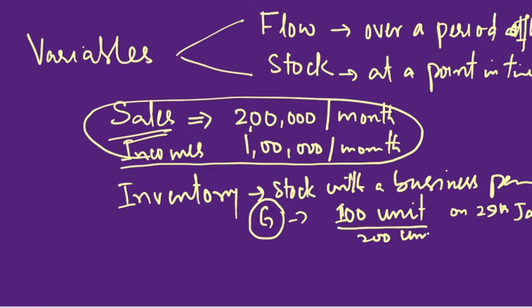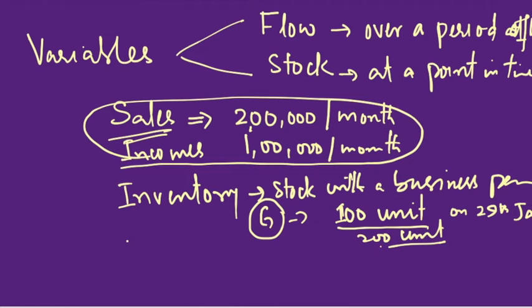He will not tell you that it is 100 units per month or 200 units per month, because this is not how we measure stocks. Stocks are measured at a particular point in time.